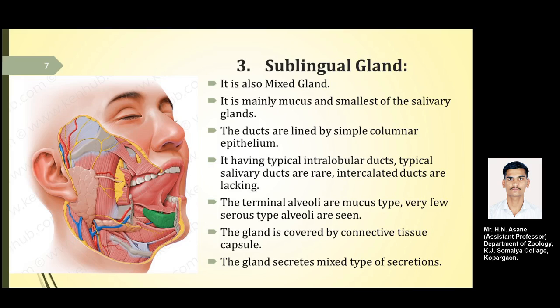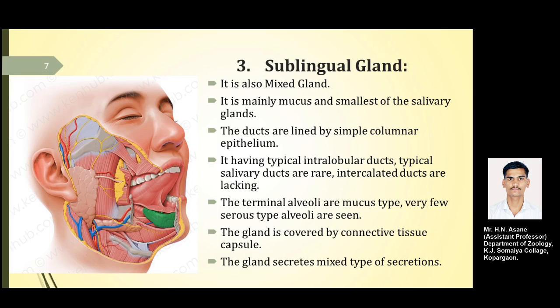There are relatively few intralobular ducts which provide the salivary ducts. The terminal alveoli are mostly mucous type; most of the time the terminal alveolar cells are mucous cells.